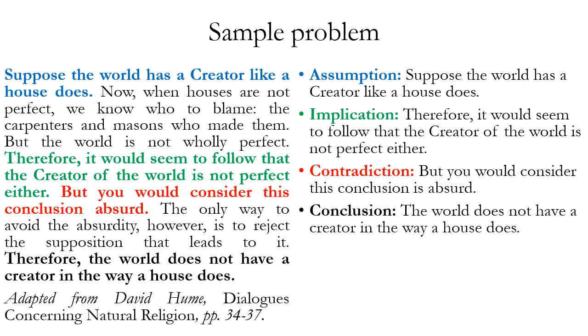If the implication is that the creator of the world is not perfect, that's going to conflict with most people who believe in God, most theists. They do believe in a perfect or all good God. And so that's the belief that is yielding this contradiction. The conclusion or that initial implication is absurd because it contradicts the widely shared or nearly universal belief among theists that God is completely perfect.